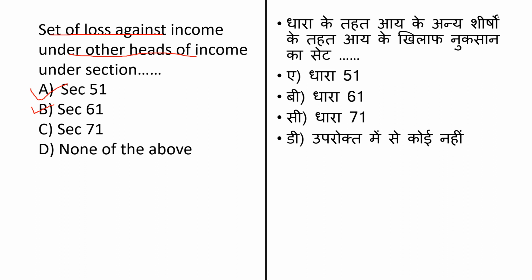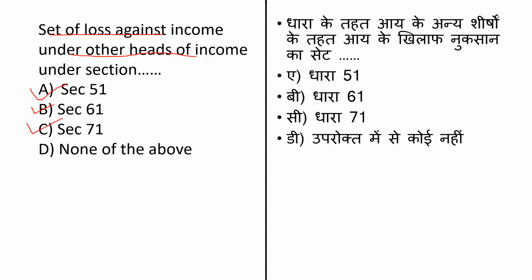The proper officer may scrutinize the return and related particulars furnished by the registered person to verify the correctness of the return and inform him of the discrepancy, if any, in such manner as may be prescribed, and seek his explanation thereto. Third option is section 71.